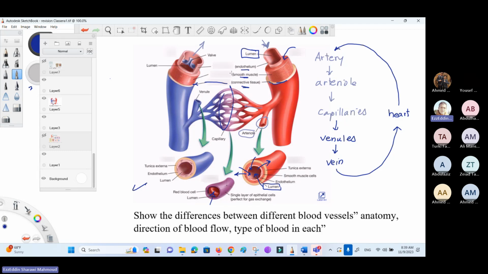Also, the smooth muscle layer, or muscular layer, is thinner, as you see. And the inner one is endothelium. They are exactly similar. But another additional part is found here, which is a valve. Don't forget it: valve found in vein, V and V. So you will not forget it again.